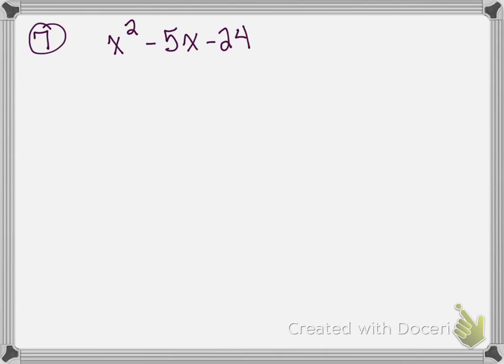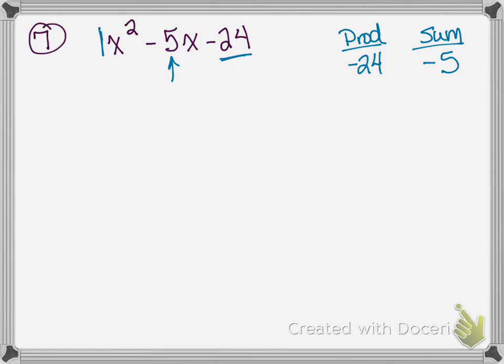But right now, we just have our 1. So, my product is always this number. When my 1 is in front of the x squared, it's always that last number. My sum in this situation, in all situations, is always my b value. So it's negative 5.